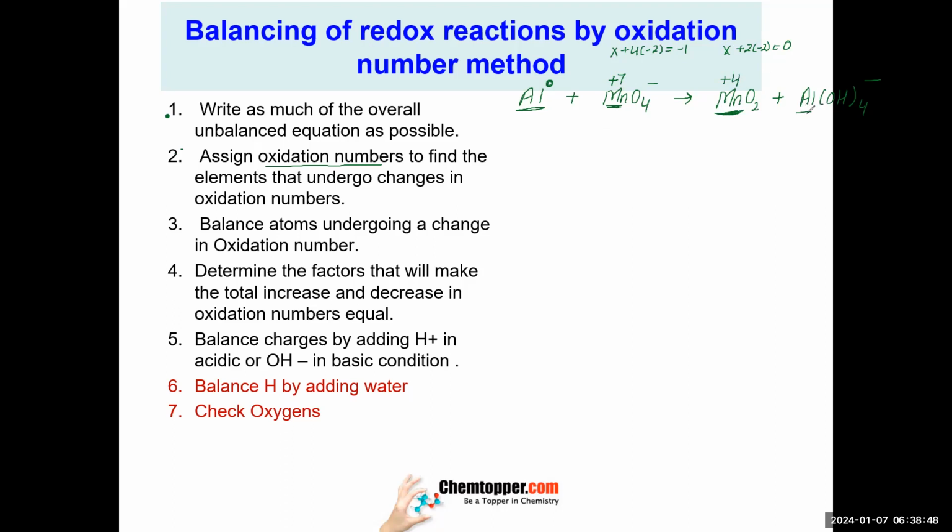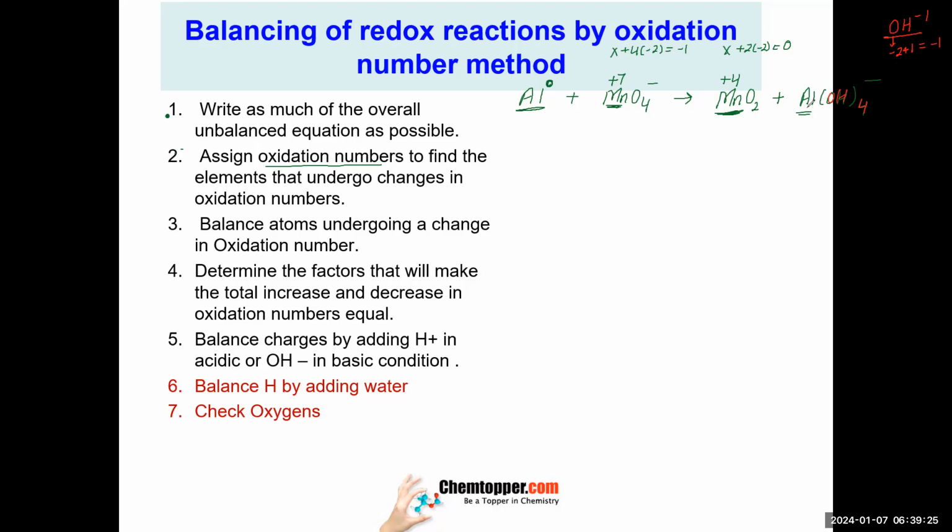What is aluminum here? Do you know the charge on OH, children? Any one of you know the charge on OH? Yes, -1. So how many OH are here? 4. You can work out why this charge is -1. Because oxygen is -2, hydrogen is +1 with oxygen, so it is -1. It's a very popular ion. All the bases, metal hydroxides, they have OH.